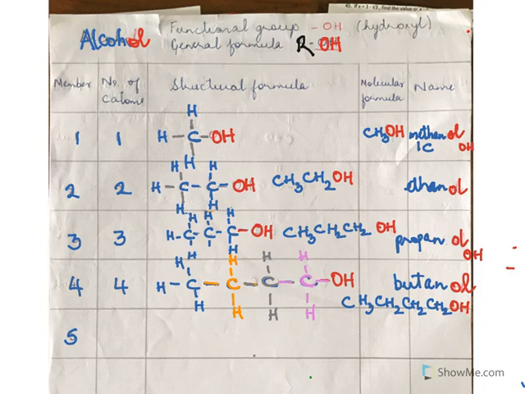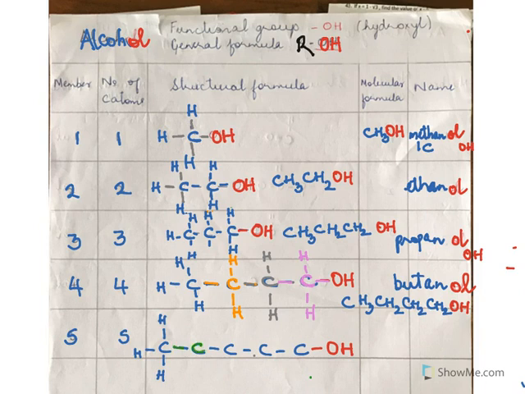Then we go to the 5th member, which is 5 carbon. So we have 1, 2, 3, 4, 5 carbon. It's an alcohol, so we got to attach OH. And now we put the 4 arms. First carbon, 1, 2, 3, 4. So hydrogen, hydrogen, hydrogen.